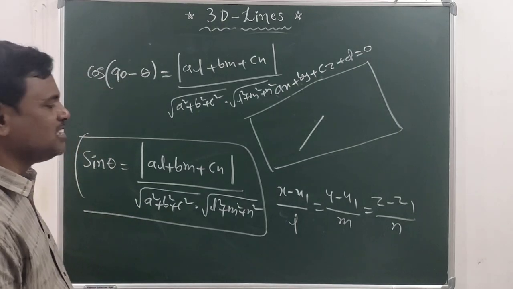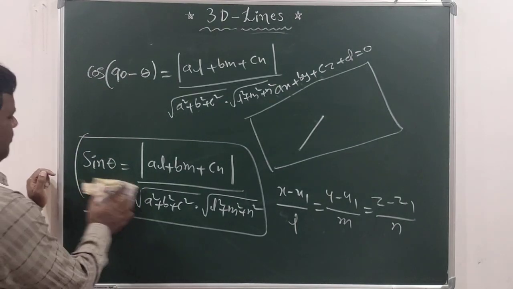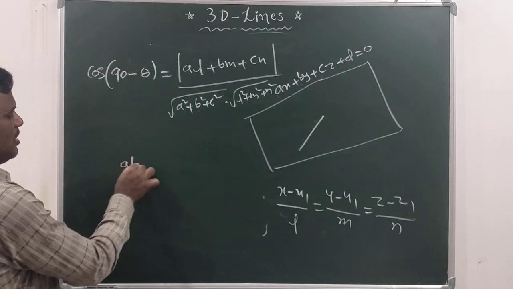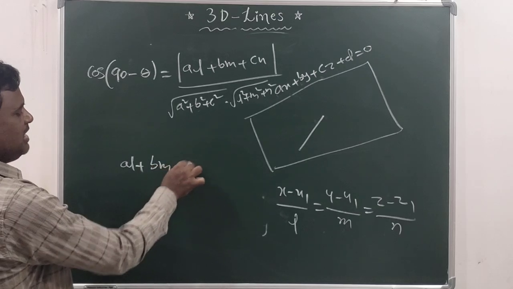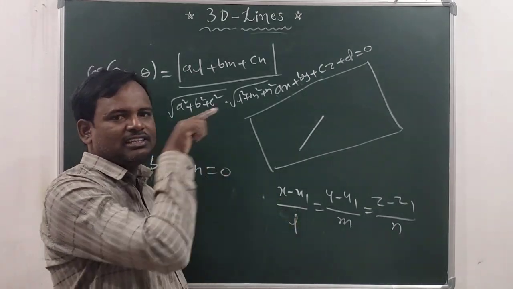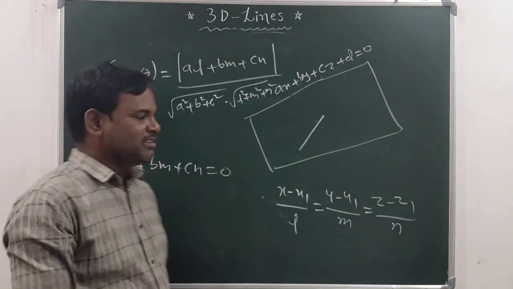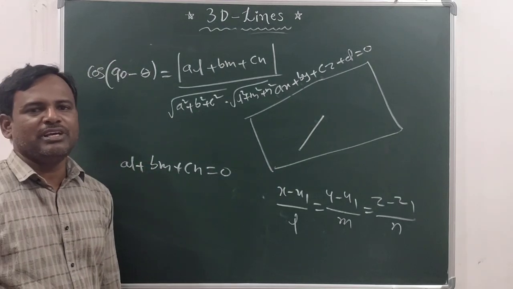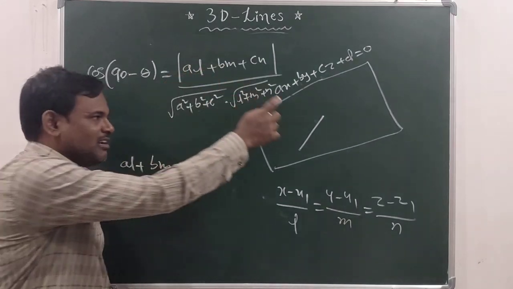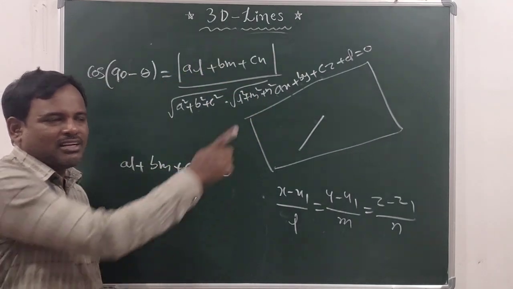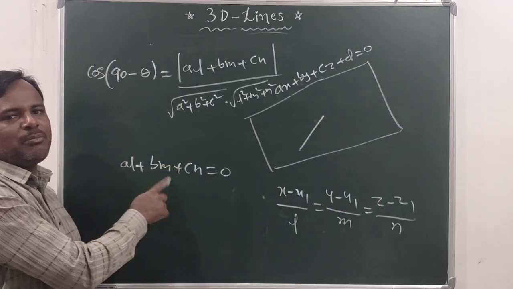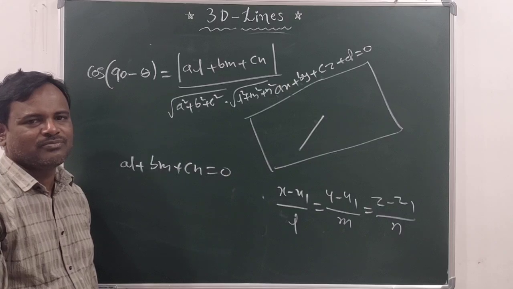Perpendicular to the normal. In such case, what do you get? al plus bm plus cn is equal to 0. Whenever this line is parallel to the plane, then you get this condition: al plus bm plus cn equal to 0, where a, b, c are the DRs of the normal. The normal of the plane and the line both will be perpendicular to each other. Hence al plus bm plus cn equal to 0.